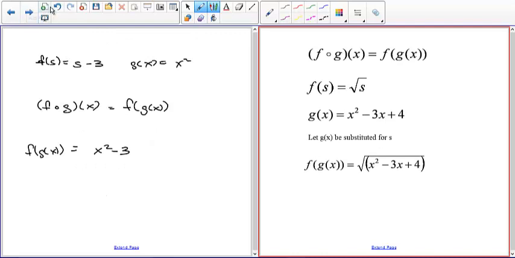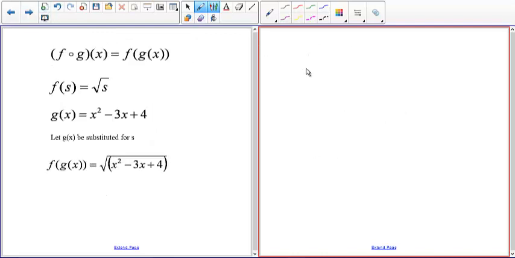Let's look at this next one. How would we do that? Well, again, you would let f of s equal s squared minus 3s plus 4. g of x would be equal to the square root of x. So I plug that into here, so I get f of g of x.